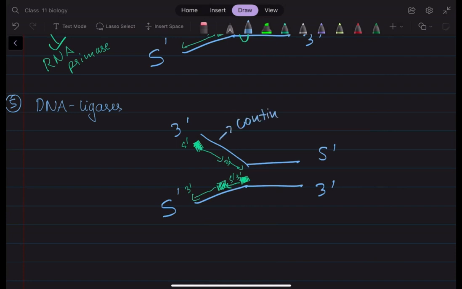Here it is called non-continuous. Since this is continuous, we also call this the leading strand, and we call this the lagging strand.